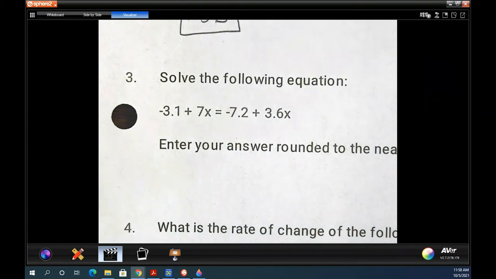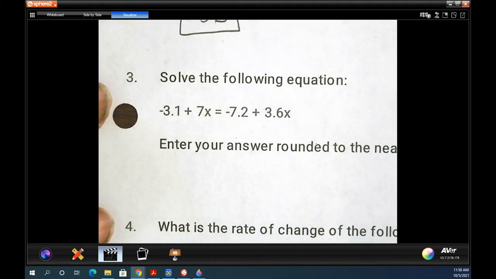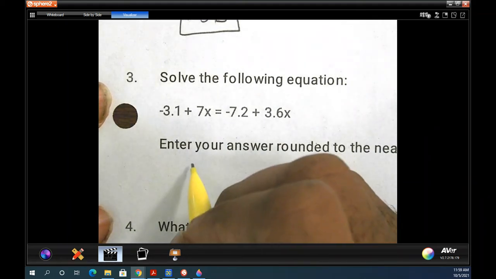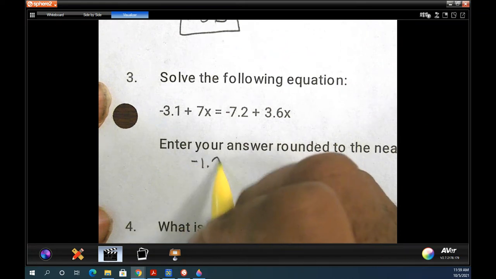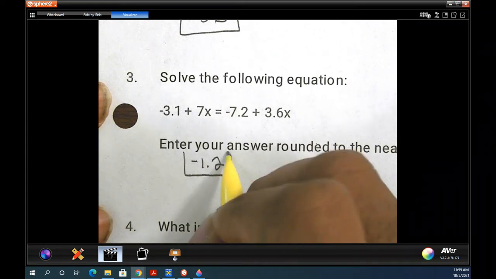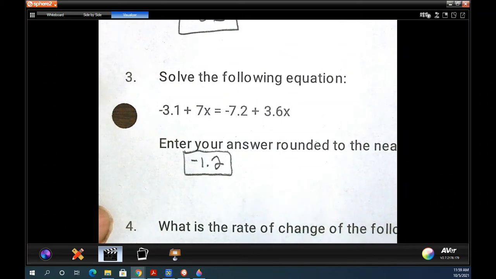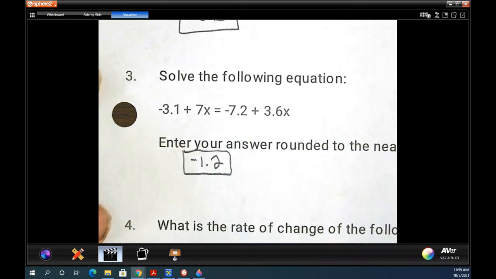All right. What'd you get for the answer for number 3? Negative what? Negative 1.2. That's it. Hope that cleared up some questions because that's all we're doing.